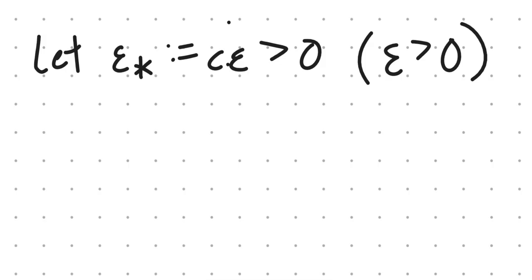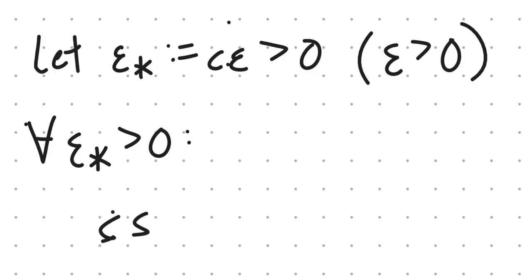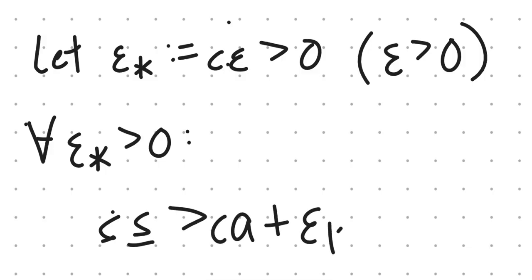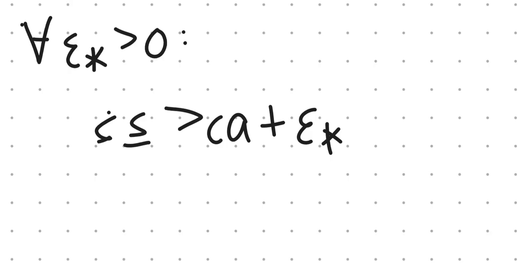For the infimum, we know that for every epsilon bigger than 0, C times S dash is immediately bigger when we have C times a and we add an epsilon star to it. This is what we want to have. We want to go from here to the definition of the infimum of A, such that S dash is bigger than a plus a normal epsilon.